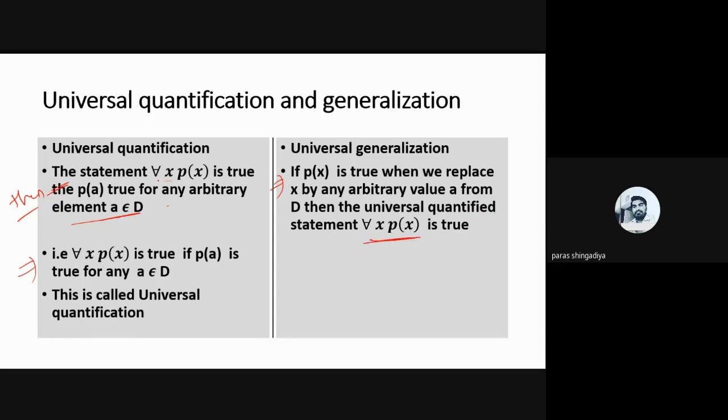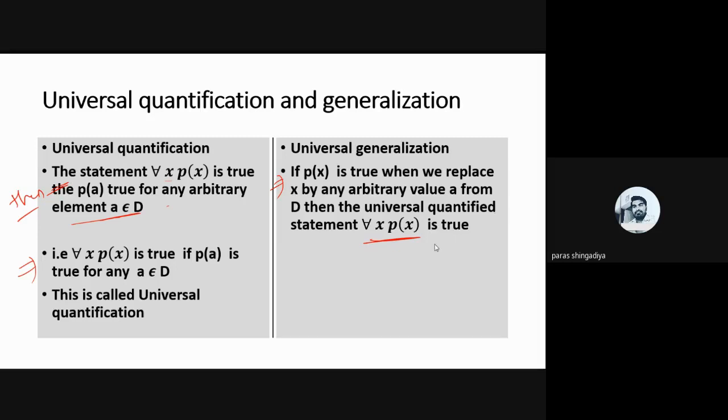Here we first consider P(x) is true, and by using that we replace x by a in this P(x), and then we say that "for every x, P(x)" is true.